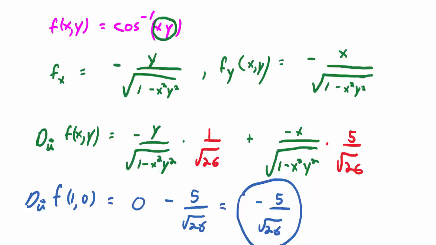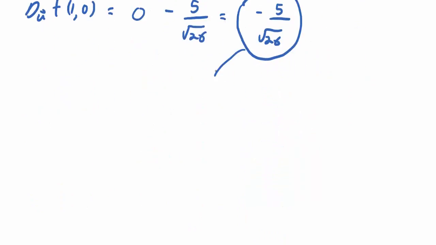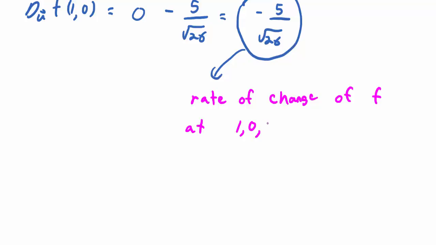So let's write that down or something to that effect. This is the rate of change of f at the point 1, 0, f of 1, 0 is the z coordinate, right? In the direction of u.